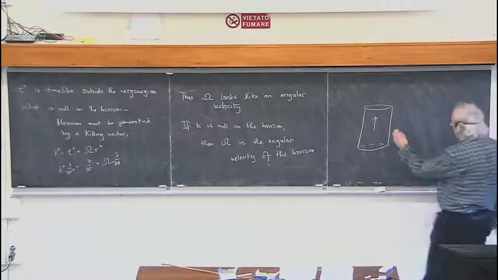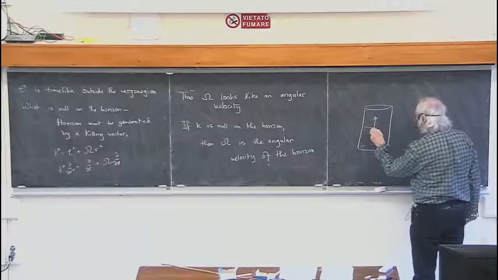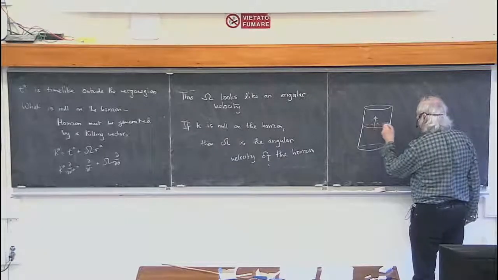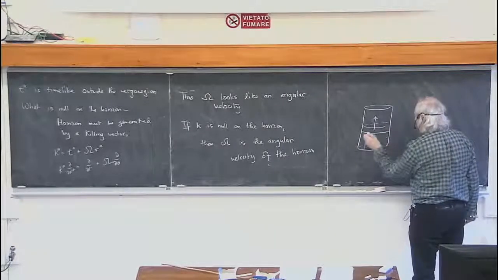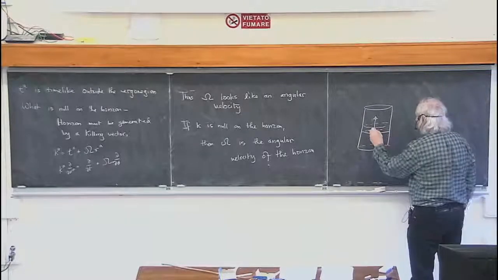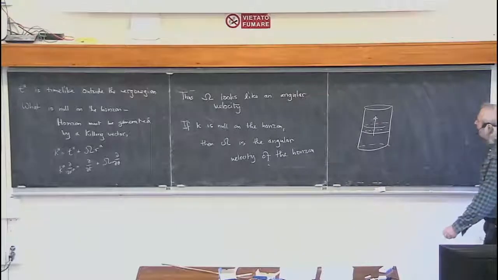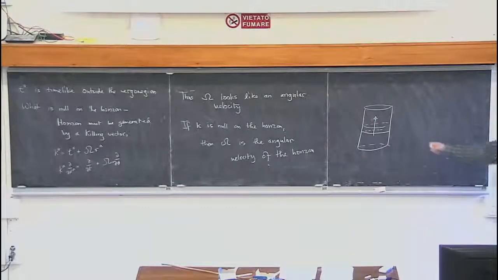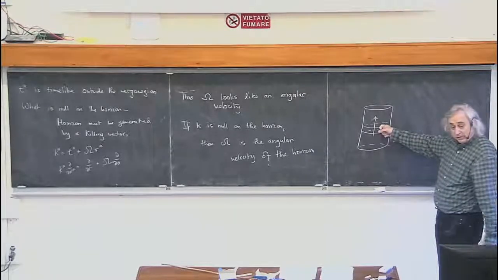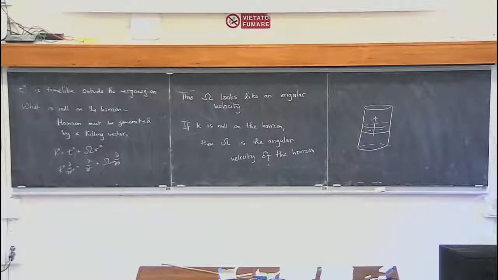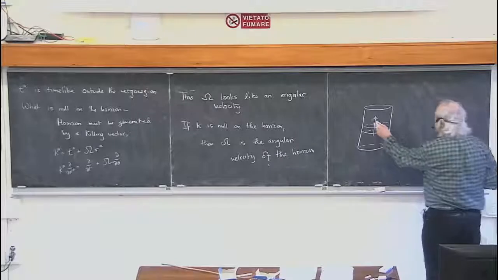And if you took a section of constant time, which would be advanced time on the horizon, and compared it to the previous time, then nothing will have changed as you go from there to there. So that tells you that this surface is isometric to this surface, and it's a continuous transformation because the surface can be moved up anywhere, and so this direction must be Killing.